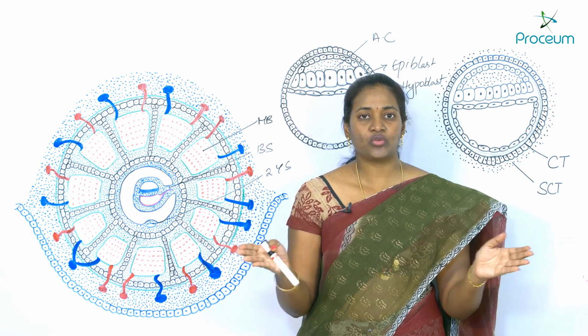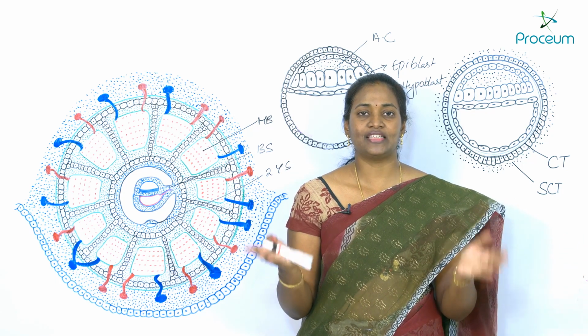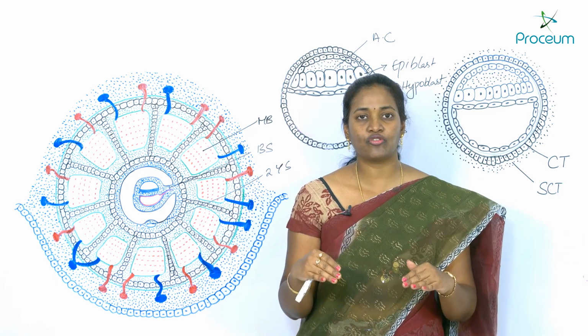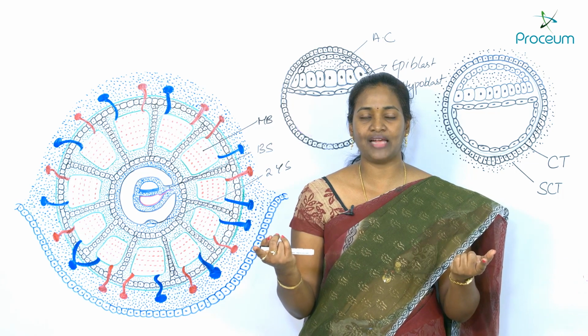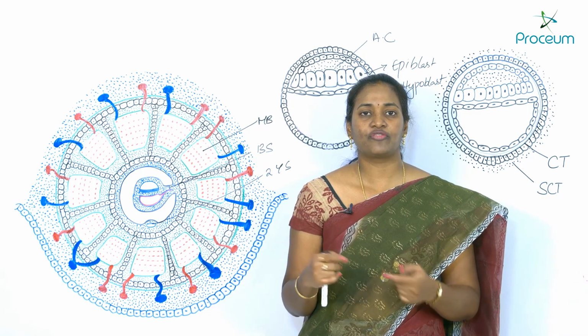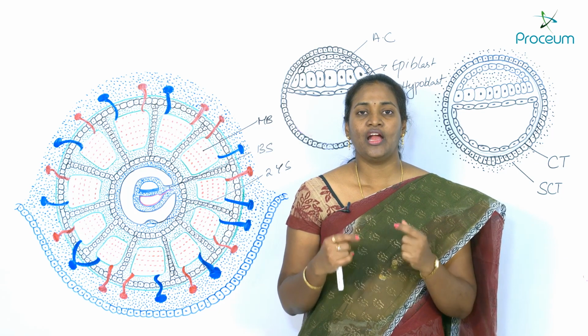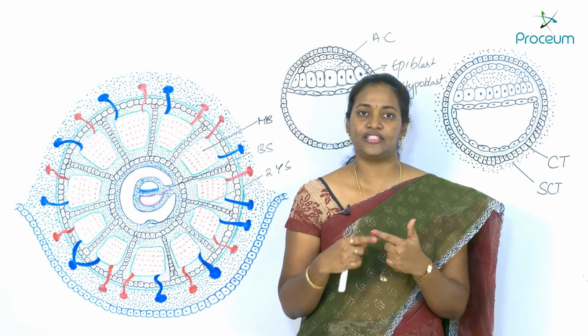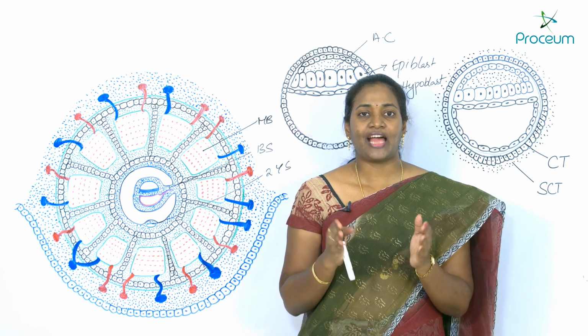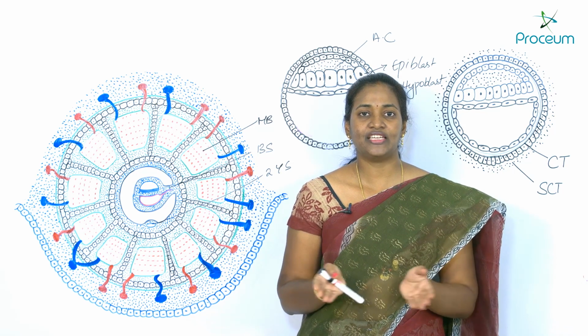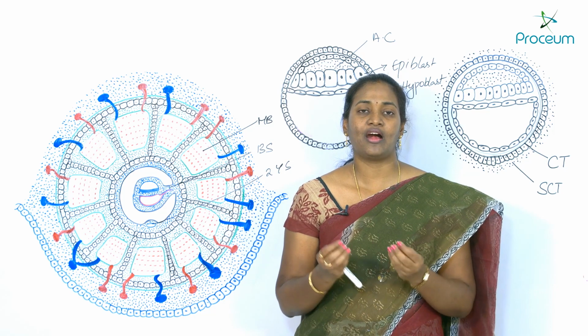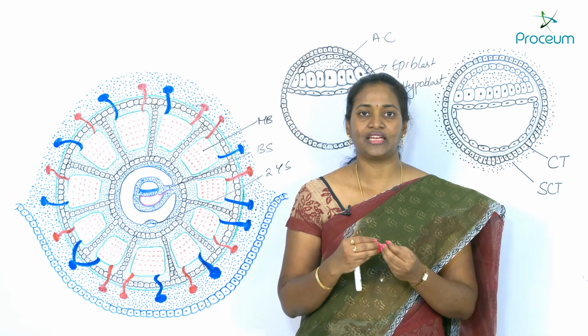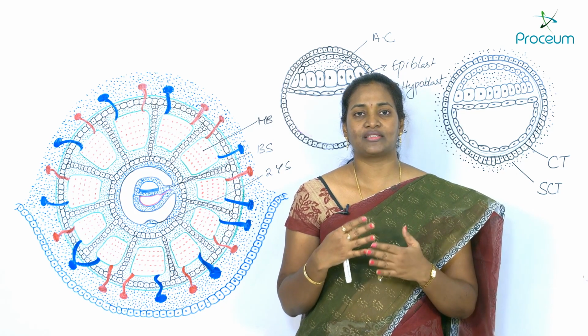And coming to the outer part, the trophoblast is now differentiated into cytotrophoblast and the syncytiotrophoblast. And there will be formation of the primary stem villi, which has the inner cytotrophoblast surrounded by the syncytiotrophoblast. And the lacunae, the spaces which are present in between the syncytiotrophoblast, are filled with the maternal blood and result in the uteroplacental circulation.